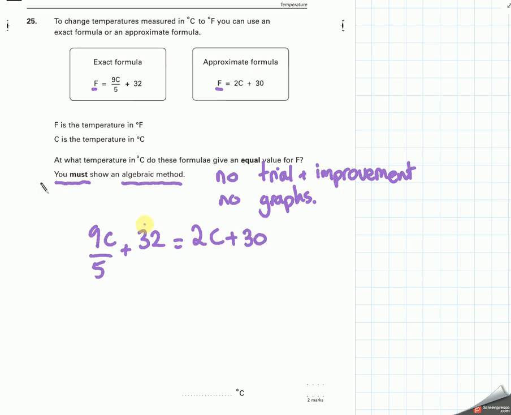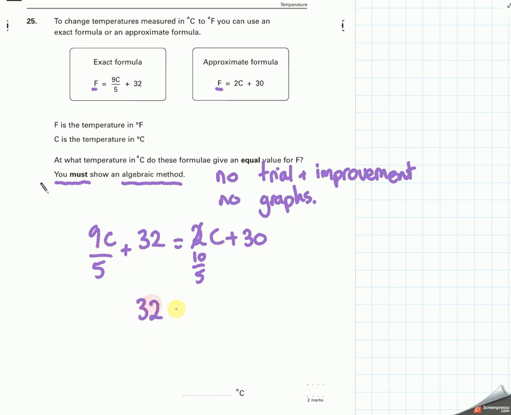So we've got the exact formula is equal to the approximate formula, and we're into our usual rearrangements. 9 over 5 is smaller than 2, so I'm going to subtract that from both sides. So now, having converted this, I can subtract 9/5 of C from that side.